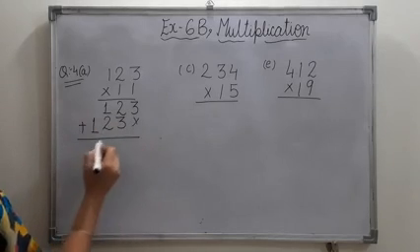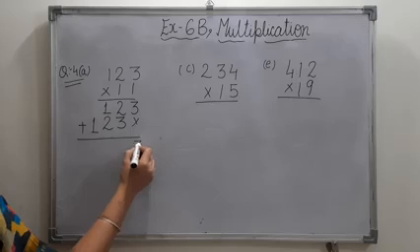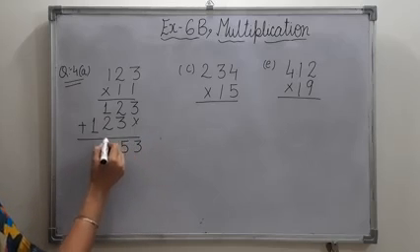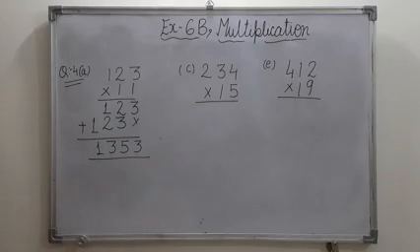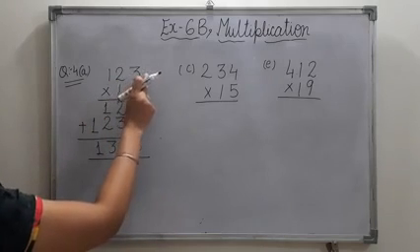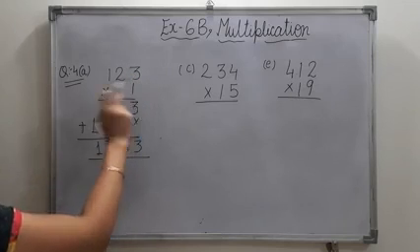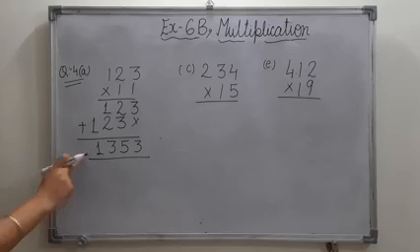Now we have to add these numbers. 3 plus 0 is 3, 3 plus 2 is 5, 2 plus 1 is 3 and 1. So our answer is 1353. Here 123 is the multiplicand and 11 is the multiplier, and the answer is called product.